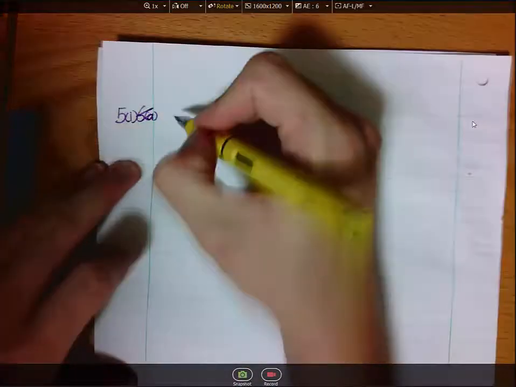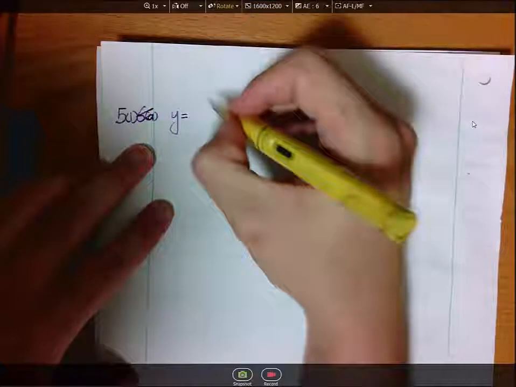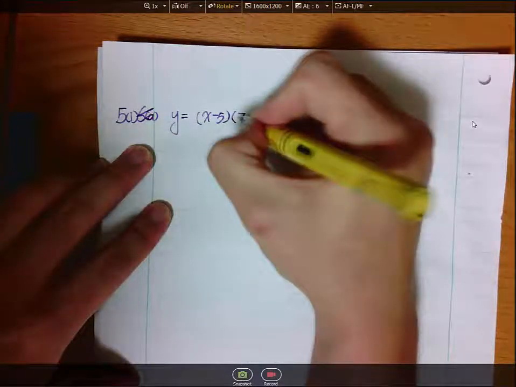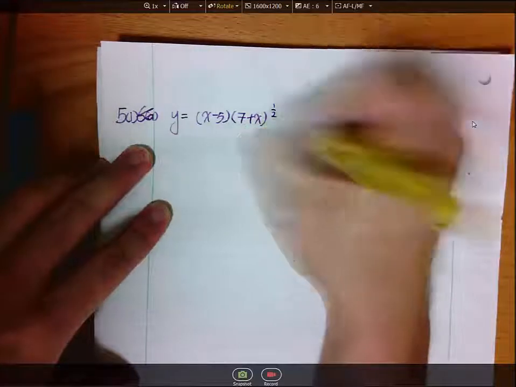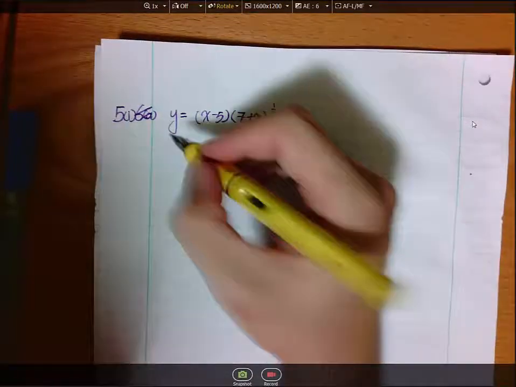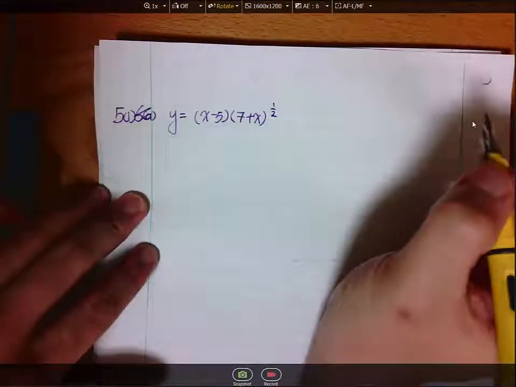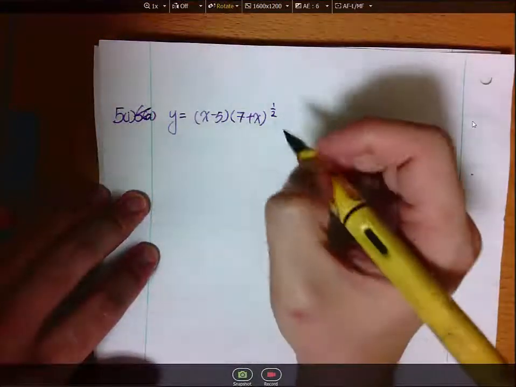Question 5, what we have is y equals (x minus 5) multiplied by (7 plus x) to the power of half. Very quickly, we apply the product rule. I just show you the final answer. I don't want to pamper you too much.